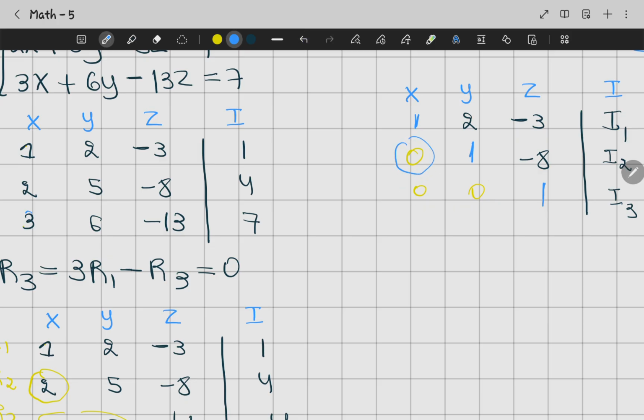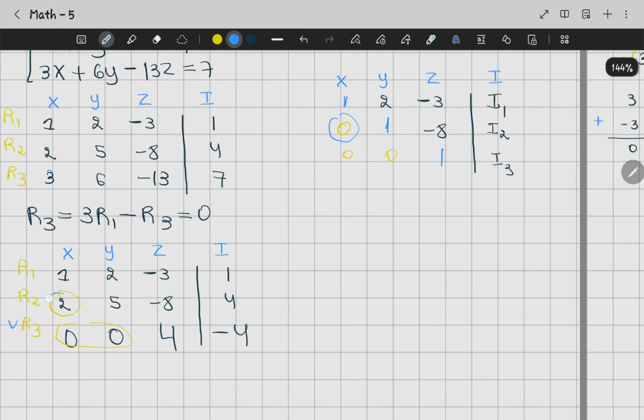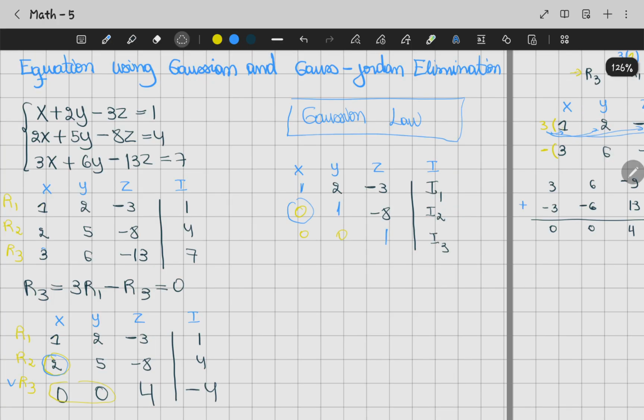So now we're going to focus on that one, how we can make this one equal to 0. And what are we going to focus on? R2. Okay, and for R2 we're going to use R1 and R2, because as you can see we're going to use only these two in order to solve for R2. So for R2 we're going to focus between R1 and R2.